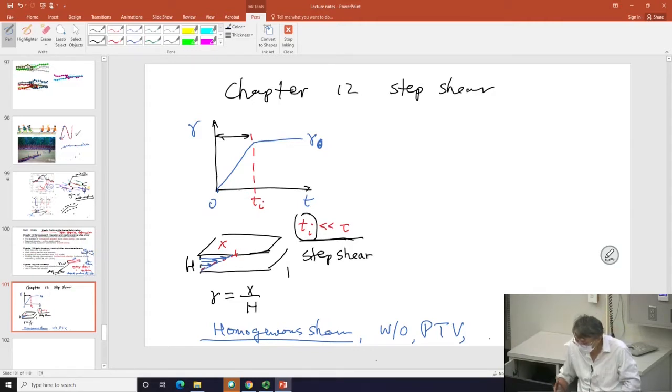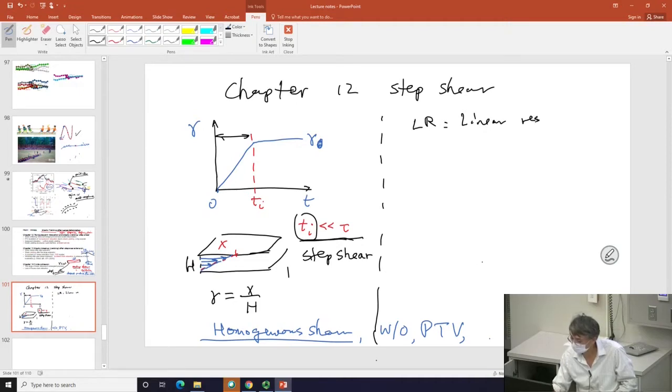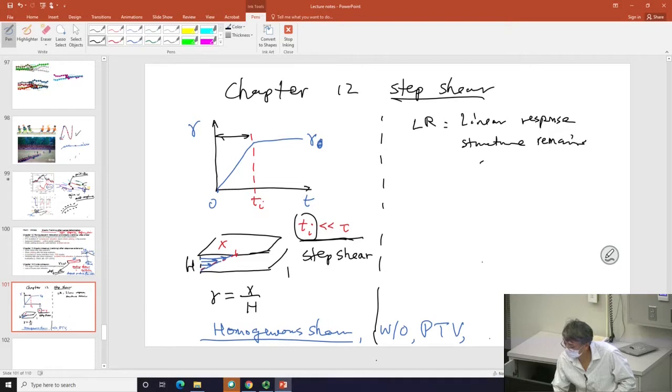This is, of course, also a wonderful place to speak about linear response one more time. Linear response in the case of step shear. What do we mean? Well, we of course mean that structure remains intact, unperturbed.